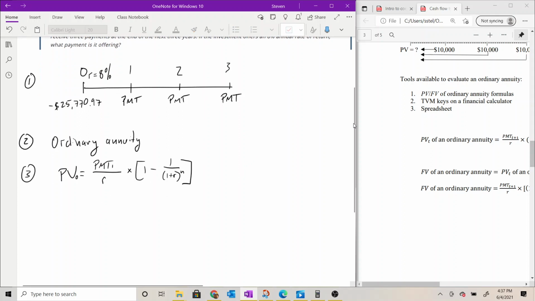All right, let's plug in the information that we've got. We know the present value is $25,770.97. The payment is what we're solving for. We're going to divide that by the interest rate of 8%, expressed as a decimal, that is 0.08.